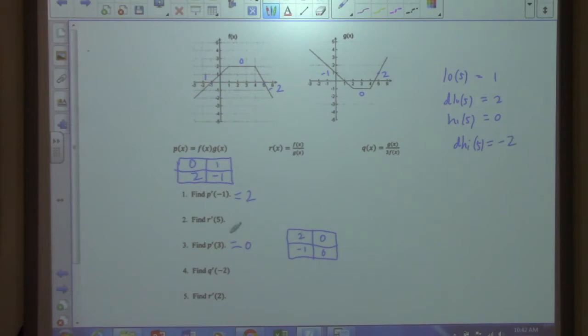So this is for number 5: r prime of 5 is equal to low times d high minus high times d low, all over low squared, that's 1 squared, right? So that's going to be -2, isn't it?